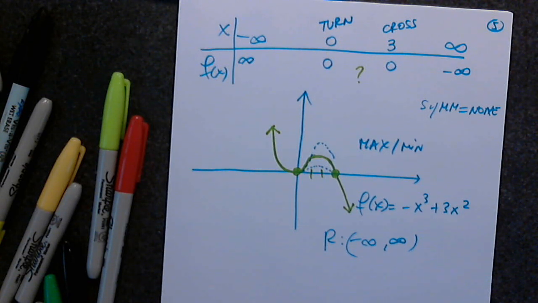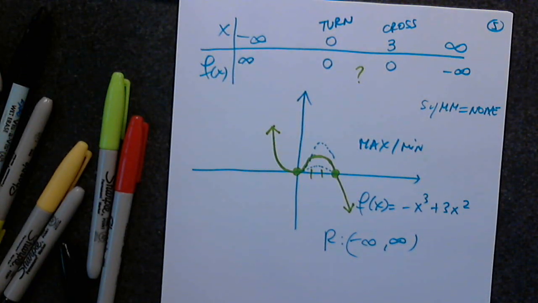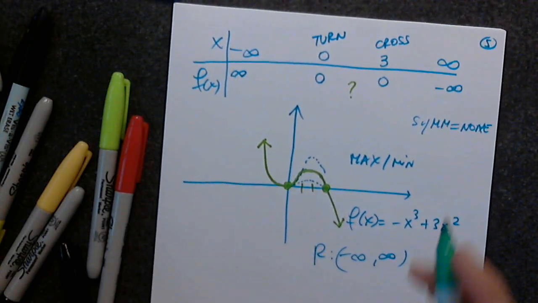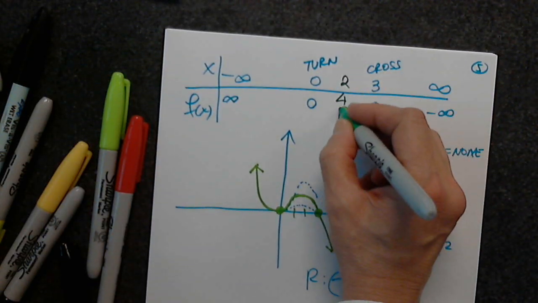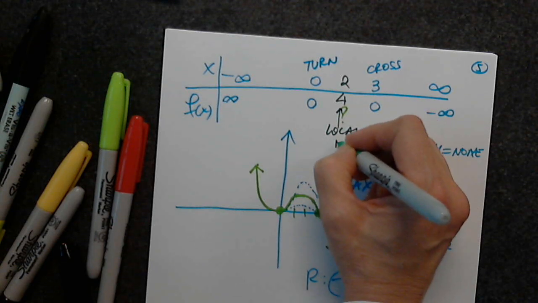So negative 8 plus, for x equals 2, negative 8 plus 3 times 4 is 12. Obviously, that's it. So the 1.99999 is the error of the calculator. So I go back to my table, and I will put 2, 4, and say local max.